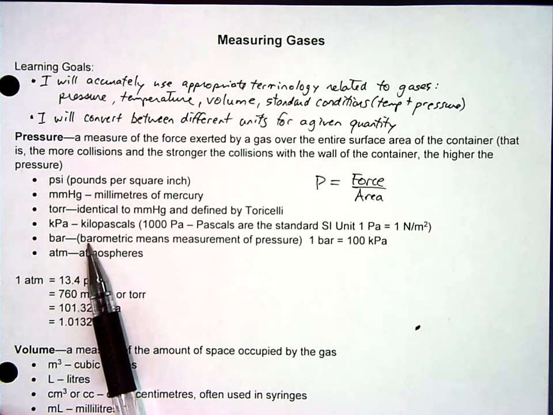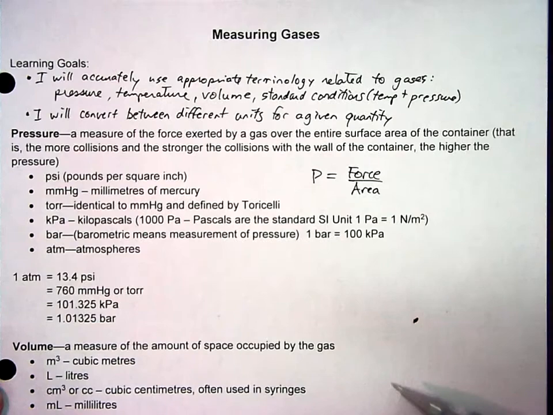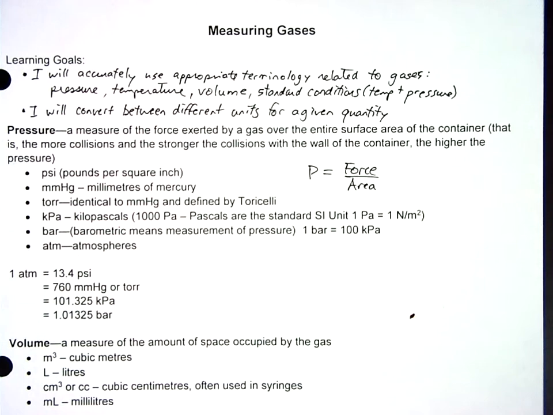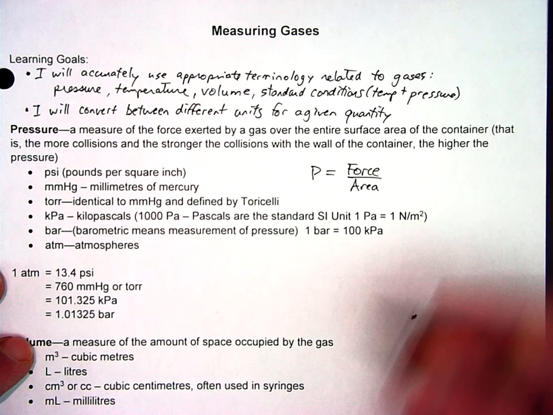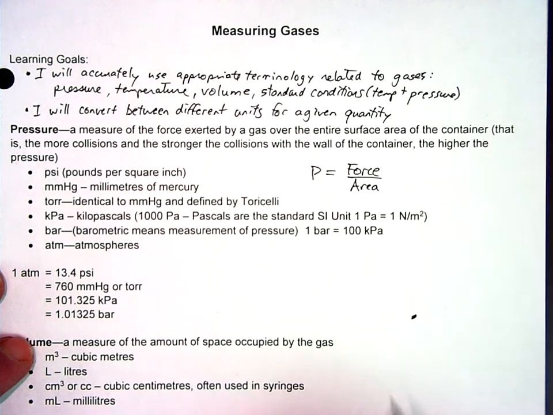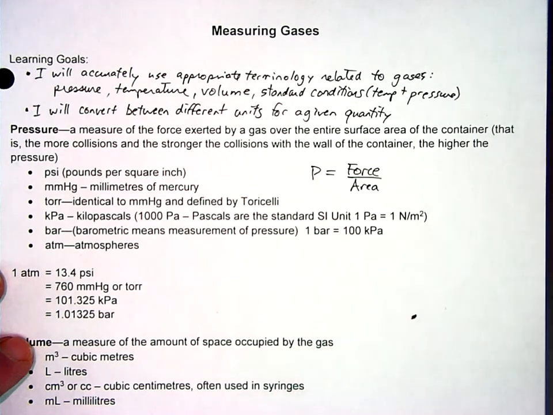Bar comes from barometric, meaning measurement of gases, so it makes sense that this would be the name of a unit. A bar is basically 100 kilopascals. Atmospheric pressure is around 100 kilopascals, so it makes sense that we'd have a unit that's close to that.